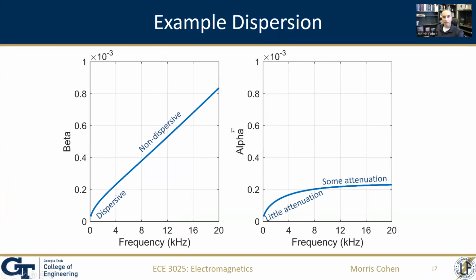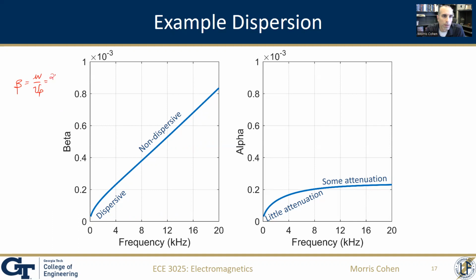All right, so the left plot is beta as a function of frequency. And we did the calculation at 20 kilohertz, but this is beta here. And so remember that beta equals omega divided by the propagation velocity, right?